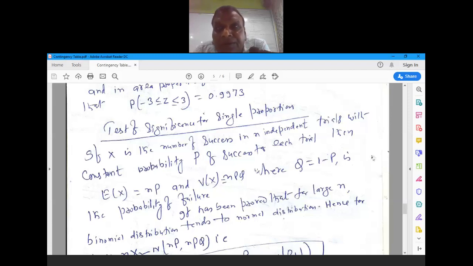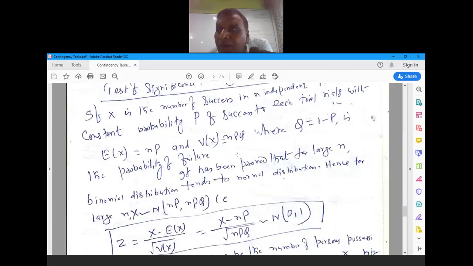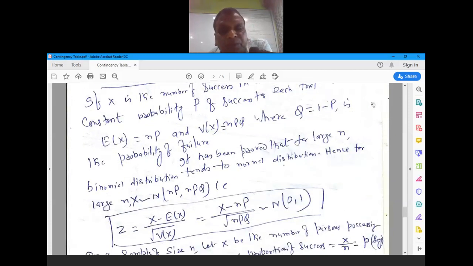I have already discussed this in STAT 511. A random variable x is said to follow binomial distribution if its probability mass function is given by nCx times p to the power x times q to the power n minus x, where x varies from 0, 1, 2, 3 up to n, p is the probability of success, q is the probability of failure, and n is the number of trials.